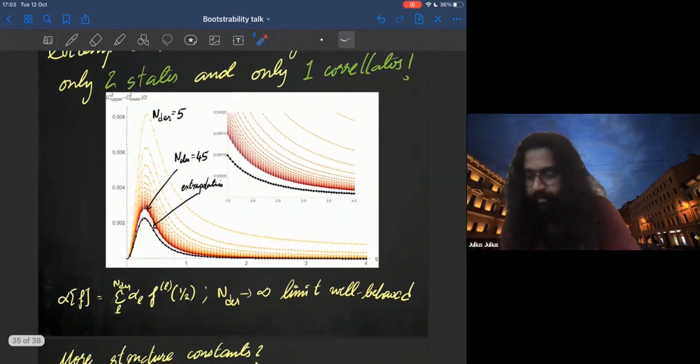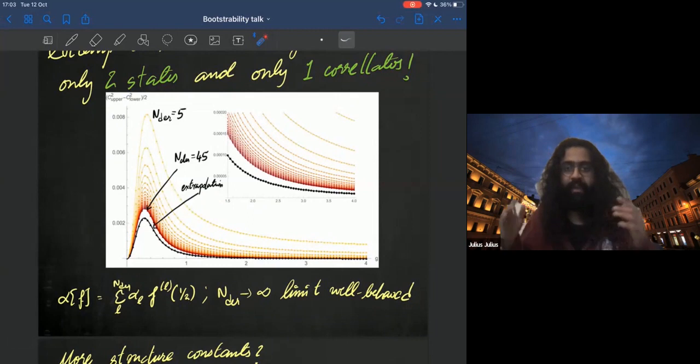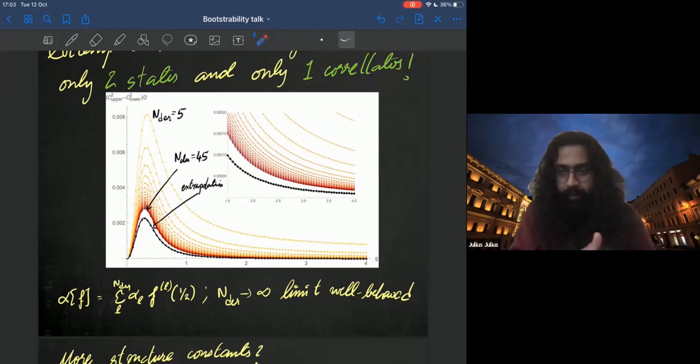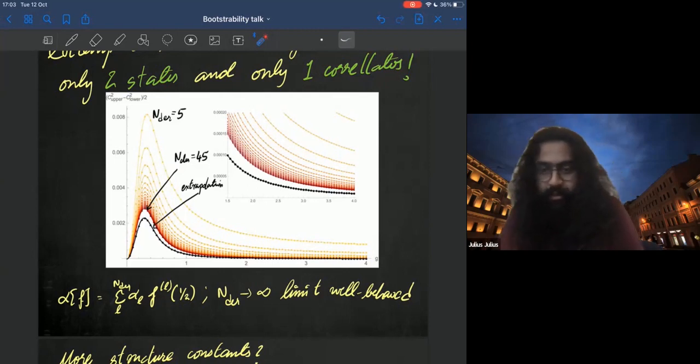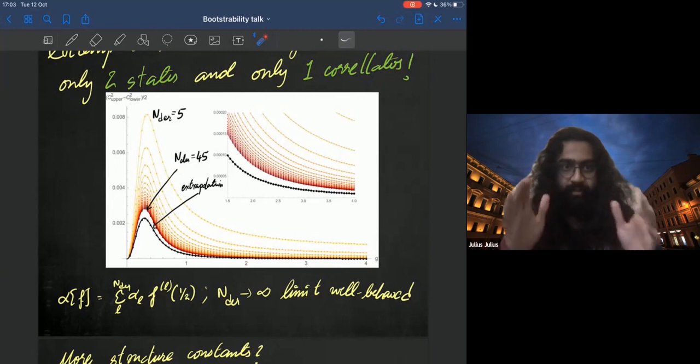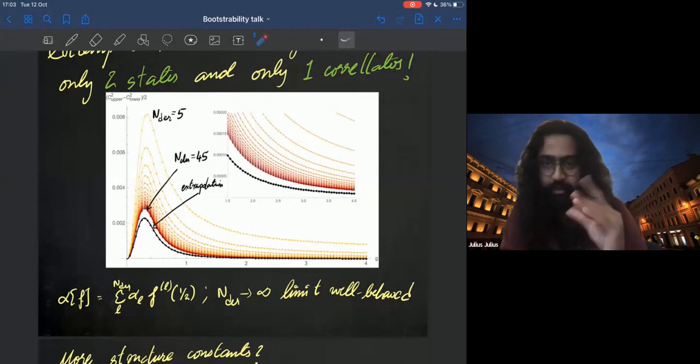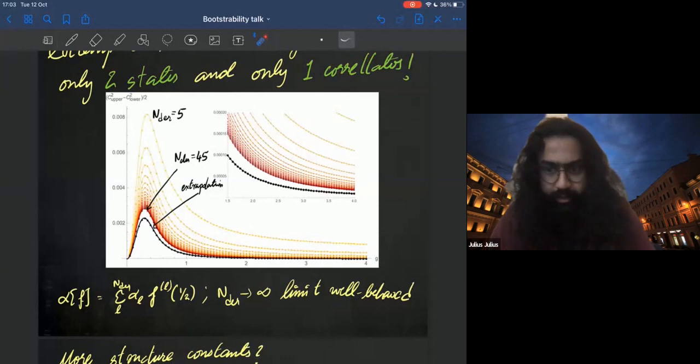This is an extrapolation for the number of derivatives going to infinity. That means that even if I have an infinite number of derivatives, there is some limit on the precision. Whether this means that this particular CFT data can correspond to more than one CFT, or whether there should be some other way to improve it, we don't know yet.